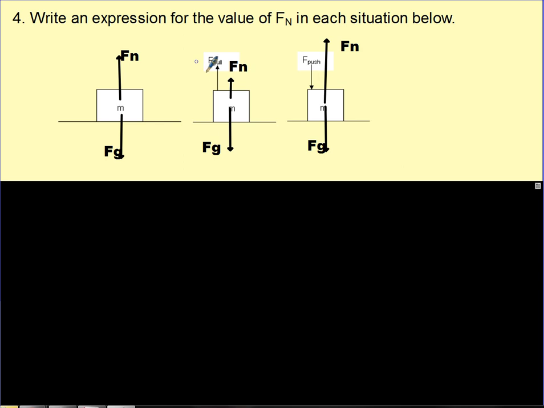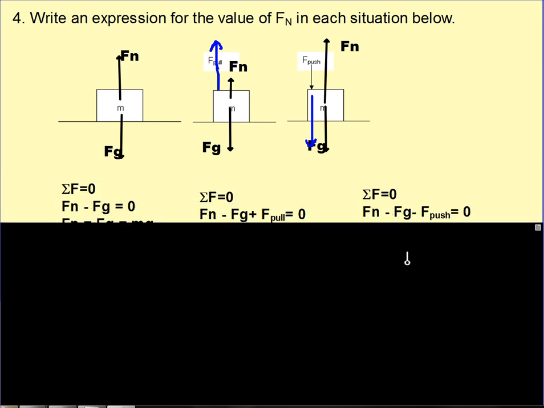If this is a box and I'm pulling up on it with some force, F pull, what will the normal force look like? In this case, I've got a box and I'm pushing down. So a good free body diagram would have the force going down like this. Figured it out?